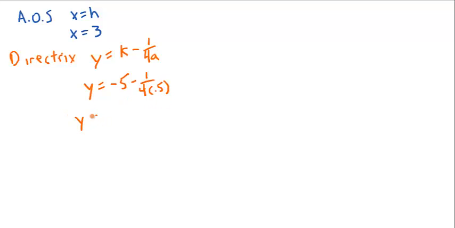We've got Y equals -5 minus 1/4 times 1/2 is 2. Okay, and now finally -5 minus 1/2, that's going to be -5.5, and that's going to be our directrix.